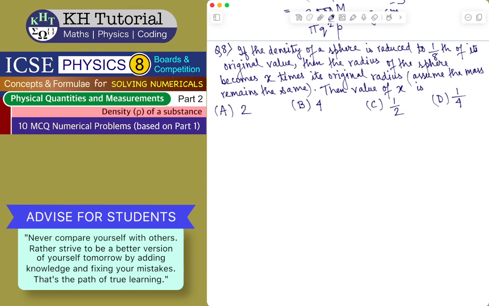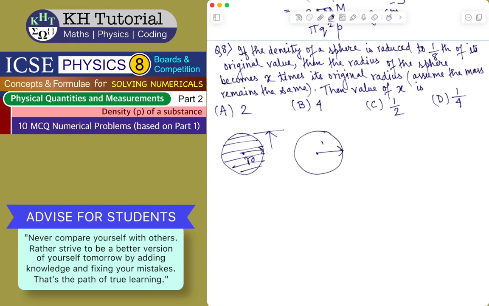Okay, so we have to consider a sphere of mass, let's say capital M. Let's say this is a solid sphere, and the radius of the sphere is small r.